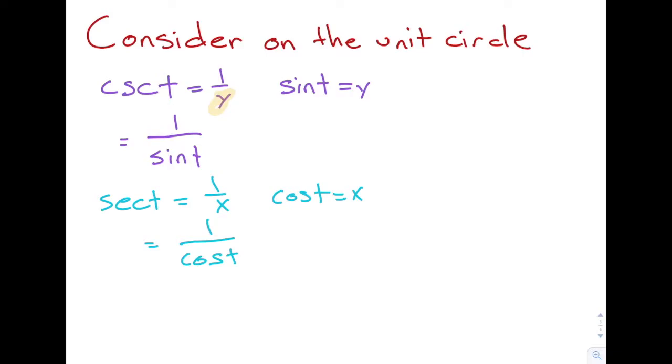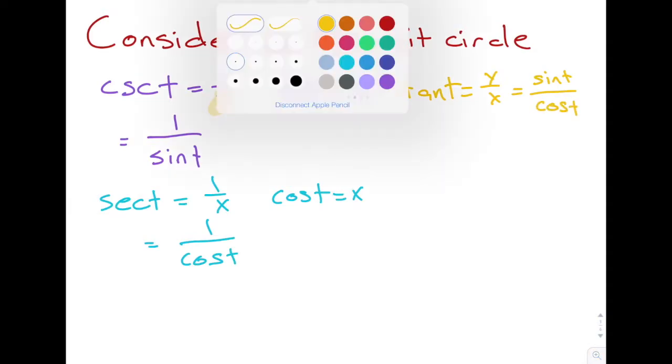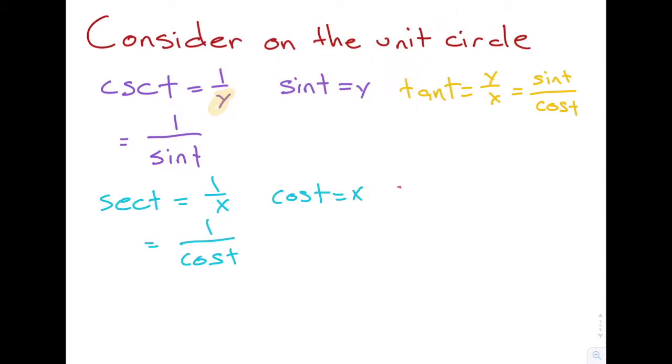And then lastly, since tangent of t equals y over x, we could grab sine and cosine: sine of t over cosine of t. And for cotangent of t, which equals x over y, we can say that equals cosine of t over sine of t. So these are called the reciprocal identities.